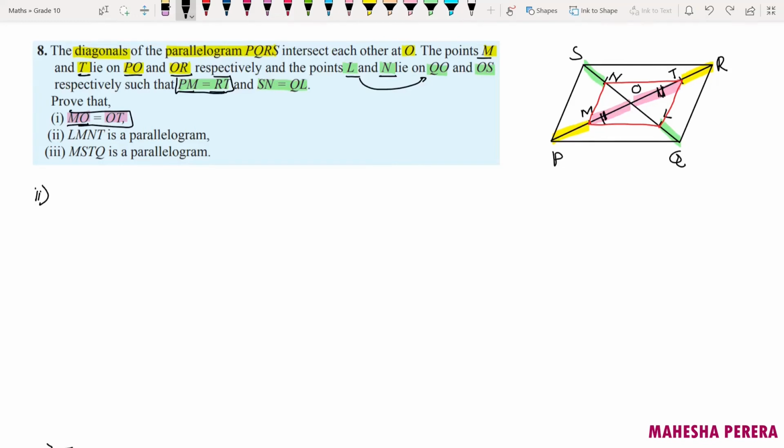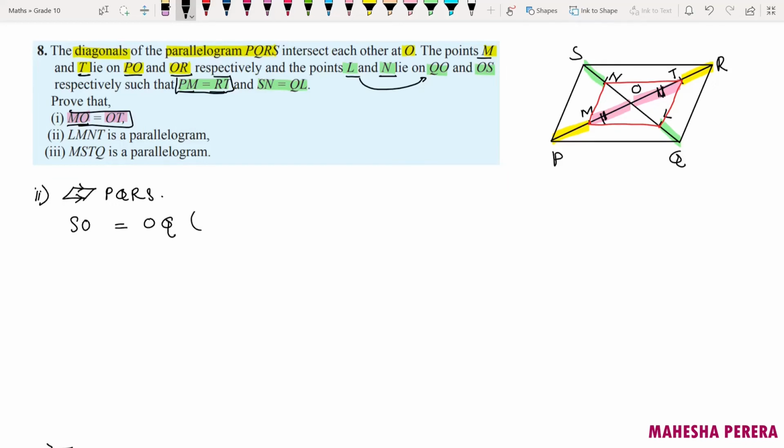And then, in a similar way, we can prove that NO equals OQ, right? In the same way. So let's do it. So when we take the parallelogram PQRS, SO equals OQ.